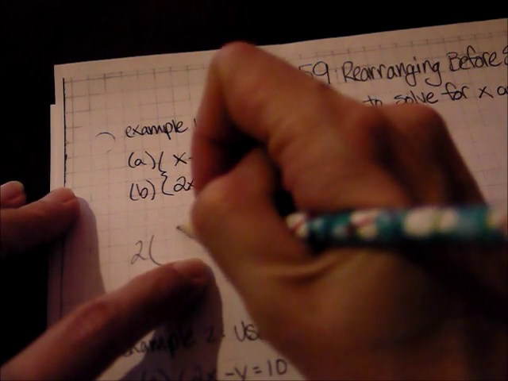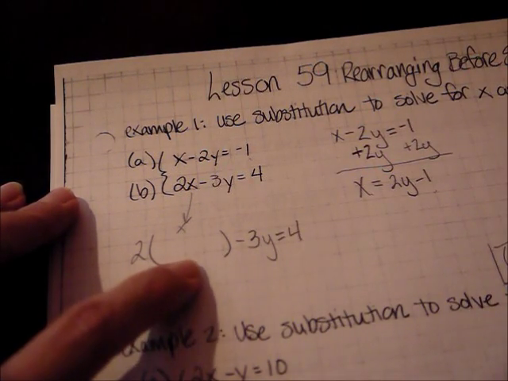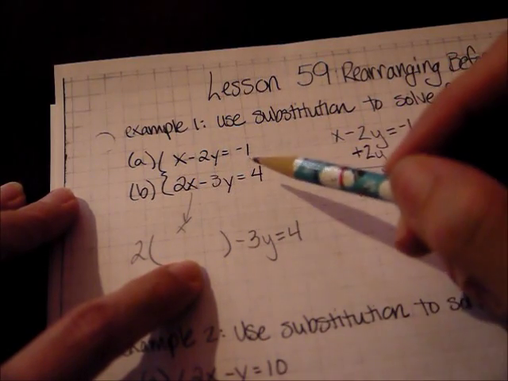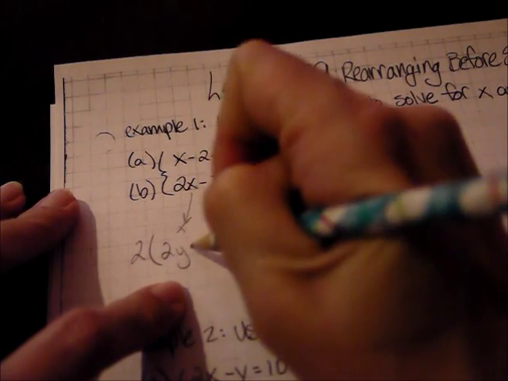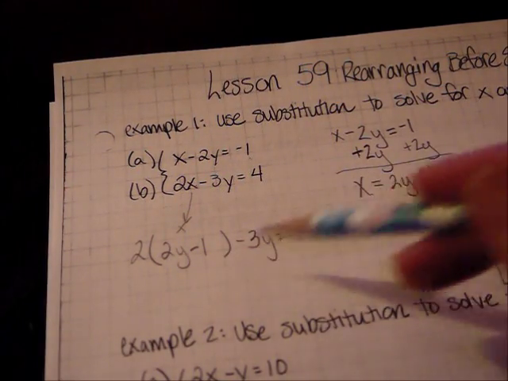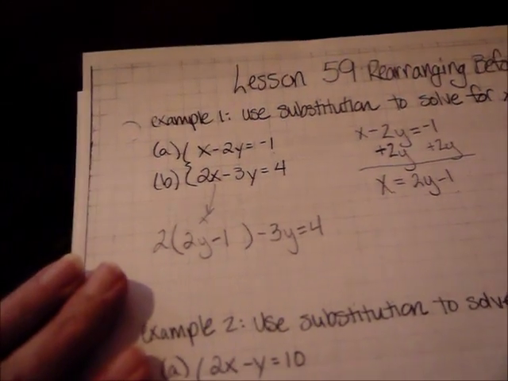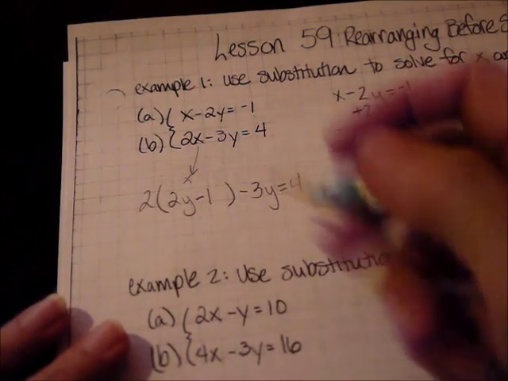This used to be x from there. But now we have decided up here x equals 2y minus 1, or we have isolated x in that other equation. So now I have all y's. Now we want all one letter when we are solving equations, so that's good news.